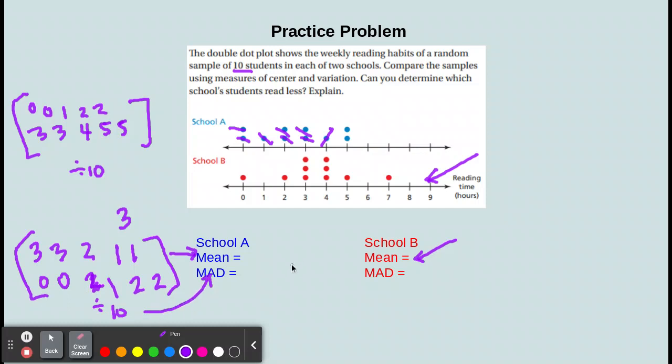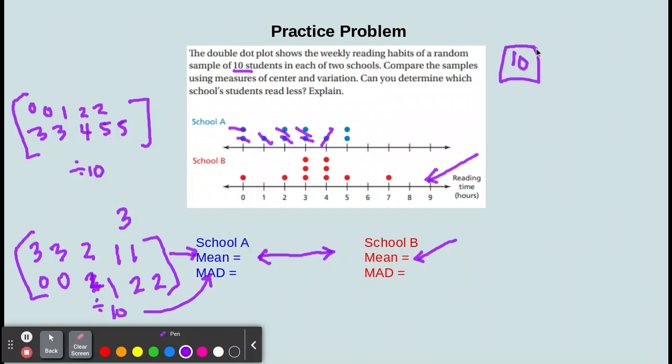Okay, so once you have those, then you need to ask yourself, can you determine which school students read less? In theory, you should look to see and compare the means. However, with this situation, how many students are we sampling from each of the two schools? We're only doing 10.